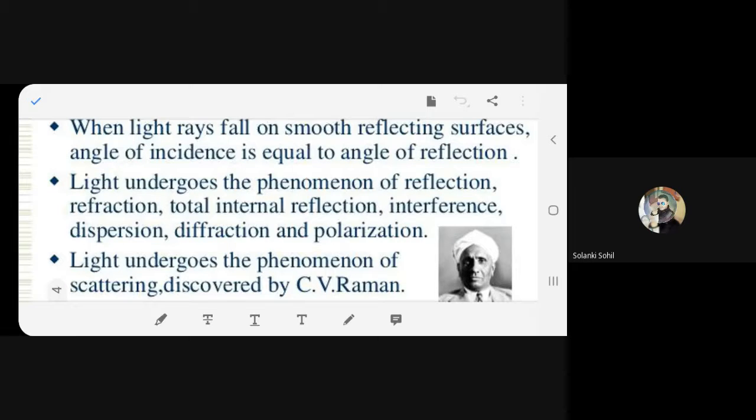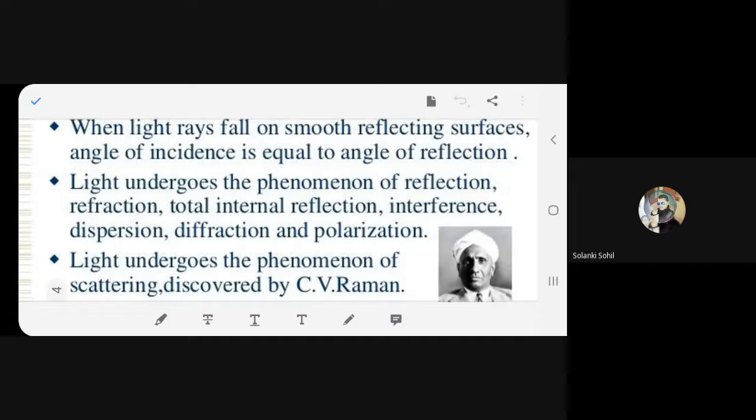Light undergoes the phenomena of reflection, refraction, total internal reflection, interference, dispersion, diffraction, and polarization.